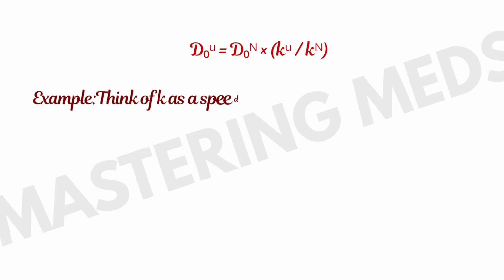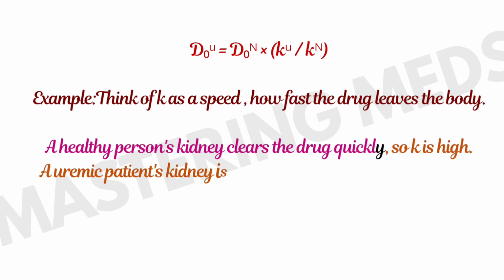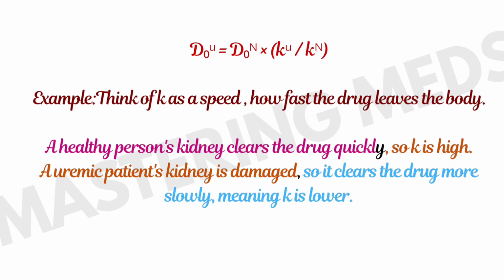Think of K as a speed, how fast the drug leaves the body. A healthy person's kidney clears the drug quickly, so K is high. A uremic patient's kidney is damaged, so it clears the drug more slowly, meaning K is lower.